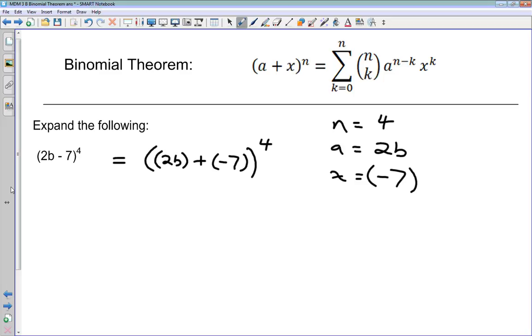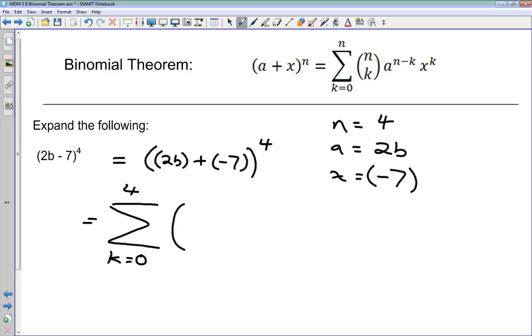So let's write out what our binomial theorem is here. Let's just put in the values of n, a, and x first. So we're going to have a sum, a series of terms added up, k equals 0 up to 4. So we're going to have 0, 1, 2, 3, 4, so 5 terms.